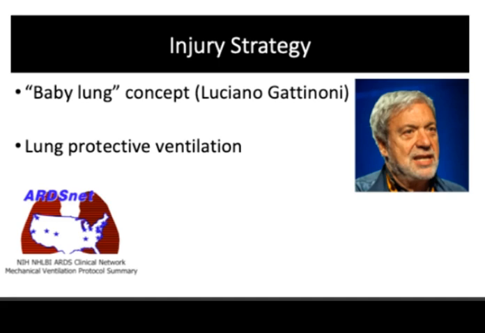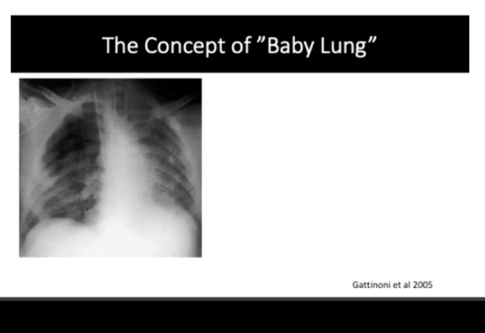The introduction of the baby lung concept and lung protective ventilation principles, using more physiological tidal volumes and avoiding high inspiratory plateau pressures, along with appropriate levels of positive end-expiratory pressure, PEEP, have been shown to decrease pulmonary complications and improve outcomes in patients with acute respiratory distress syndrome requiring ongoing ventilatory support.